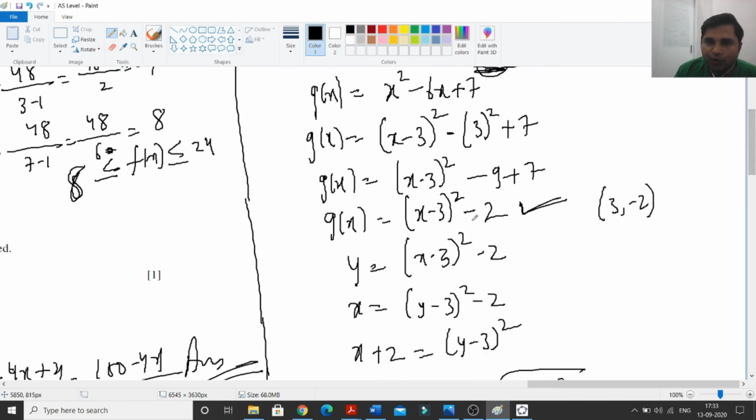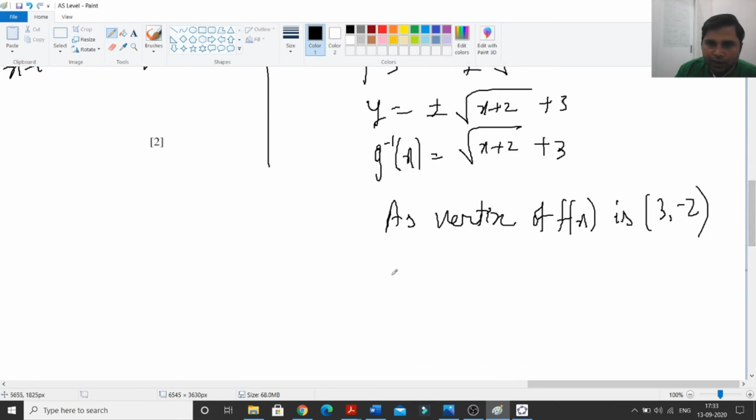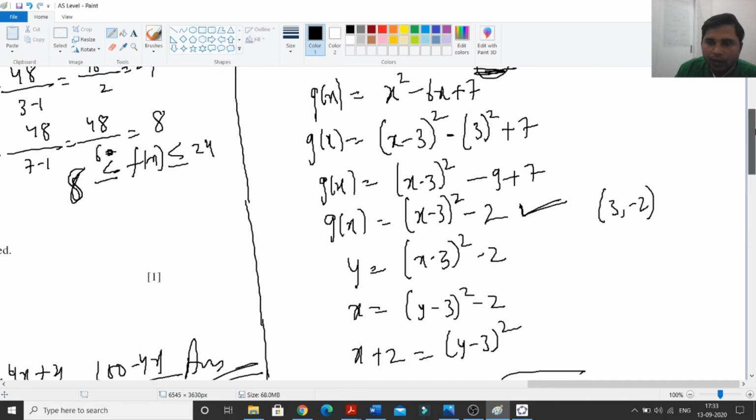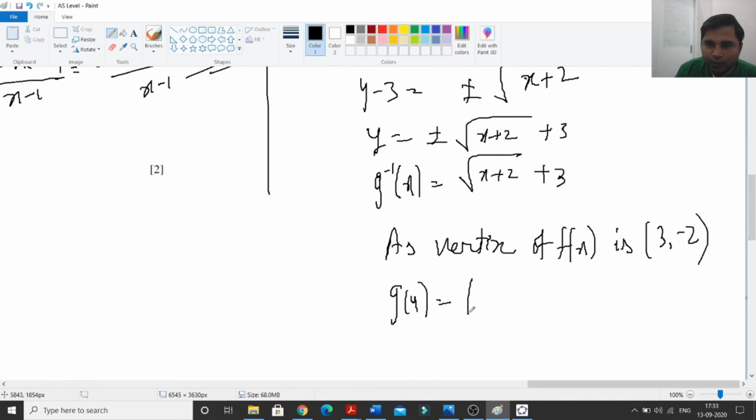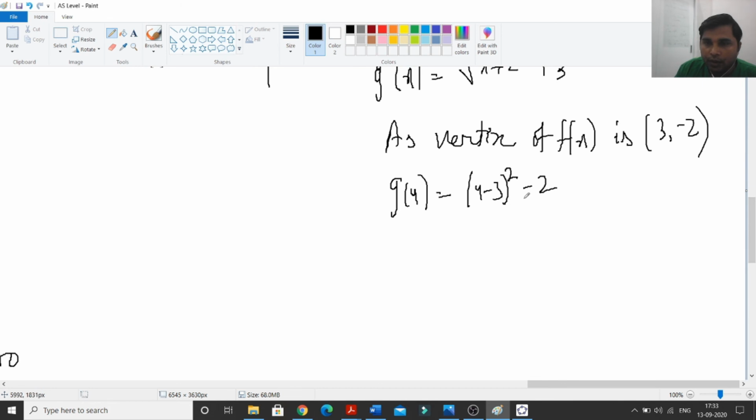If we substitute 4 in the function, g(4) will be 4 minus 3 whole squared minus 2. So that will give you 1 minus 2, which is minus 1. And it is an upward parabola. So the range of the function will be more than this. So the range g(x) will be more than minus 1 for this particular domain.